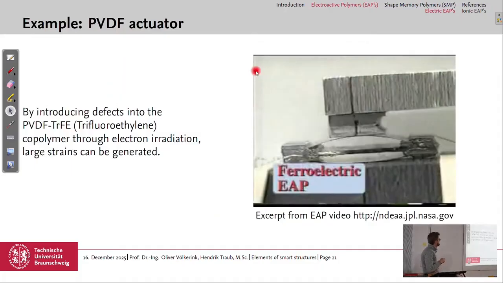Here's an example of a PVDF actuator. So here are the PVDF actuators, and I also have a video for this.